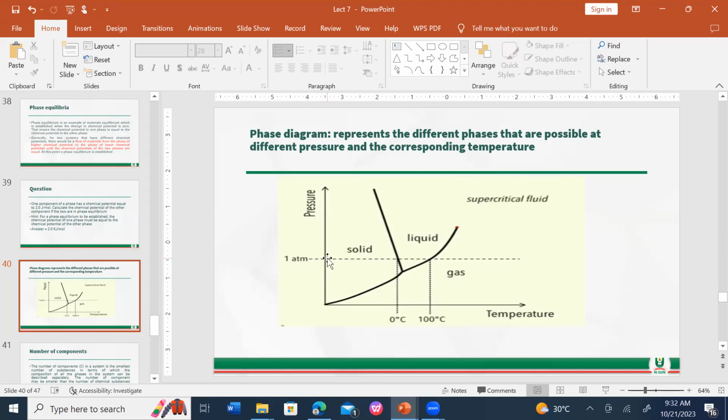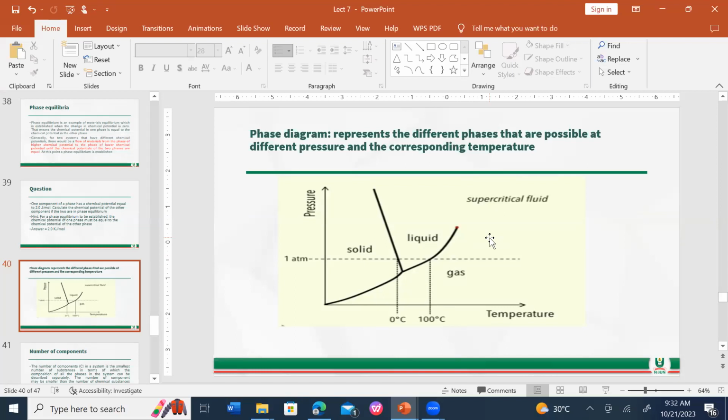If you take 1 atmospheric pressure and drag it down to the temperature axis, mind you, the diagram is a plot of pressure against temperature, it must be equal to 100 degrees Celsius. That temperature corresponds to when liquid is changing to gas. That means the line meets the liquid-gas equilibrium, and the liquid will now change to gas.